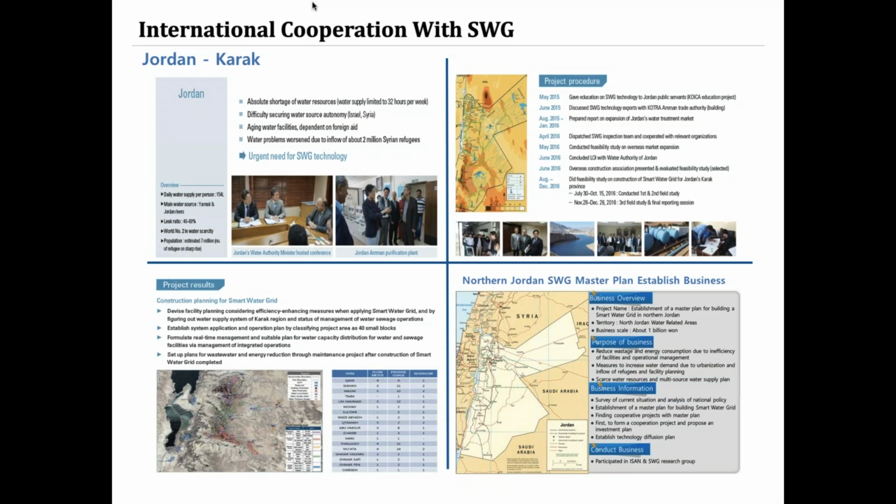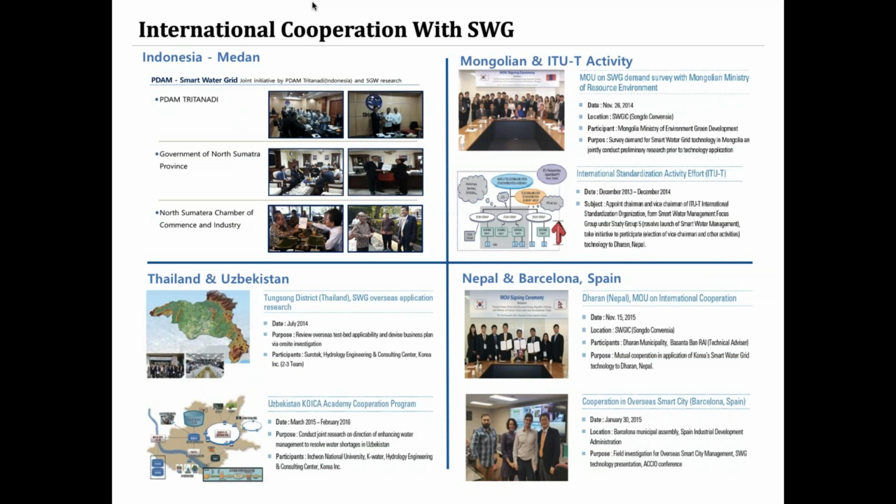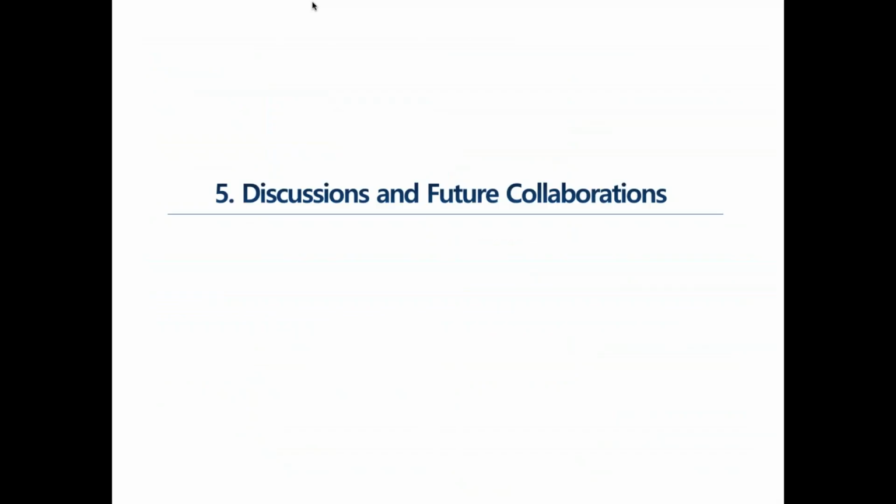Now we are working on a master plan for the northern part of Jordan to apply smart water grid technology. So far, many national smart water grid research groups from South Korea are ready to collaborate with the Cleveland Water Alliance. Thank you very much for your attention.